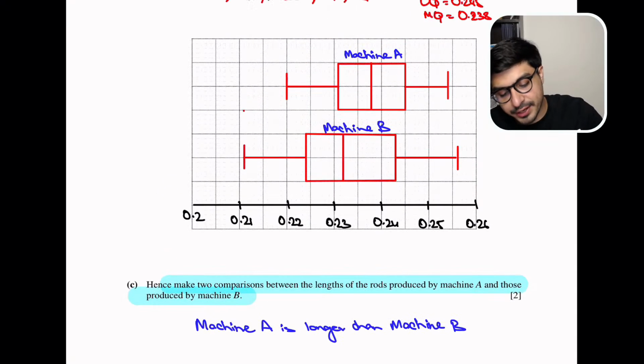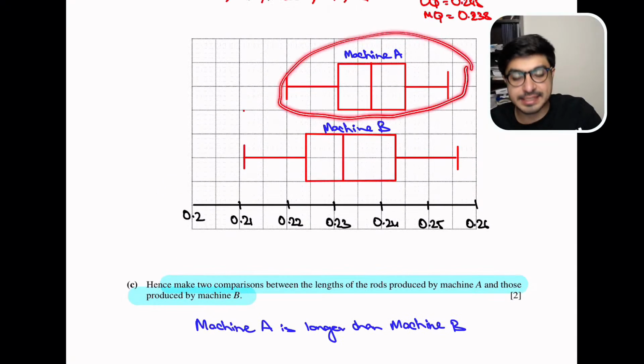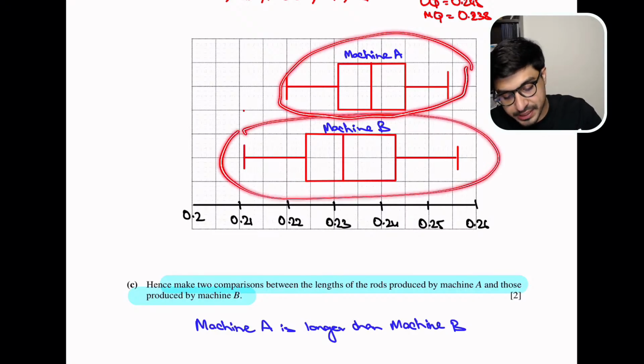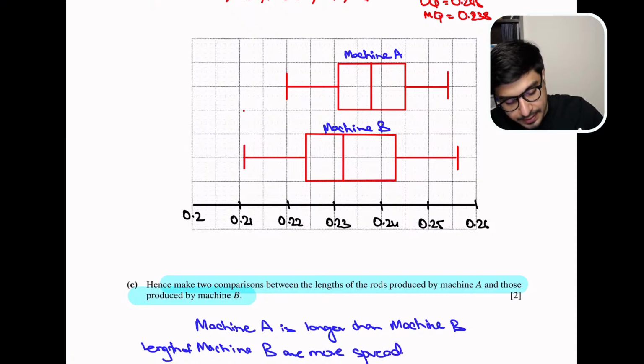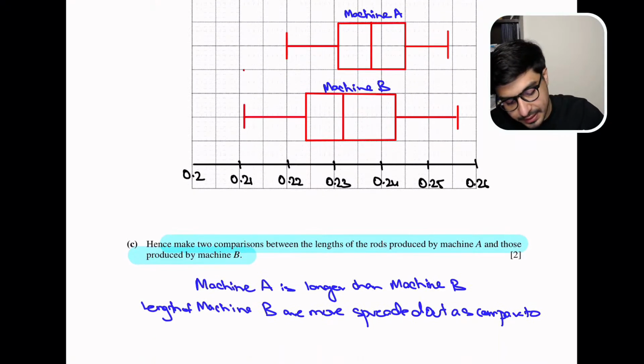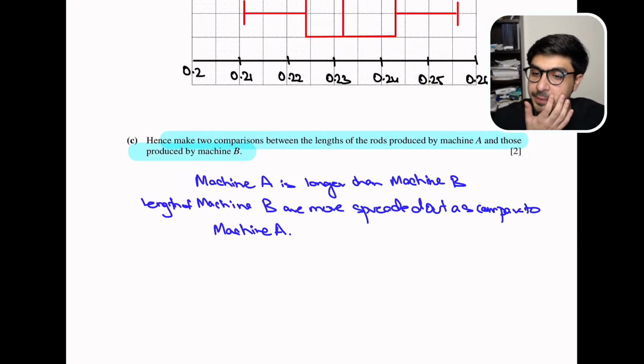And then the values in machine A are less spread out as compared to machine B. So we can also write it as the lengths of machine B are more spread out as compared to machine A, right? That is what it is going to be like, and that is how it is going to be done, right?